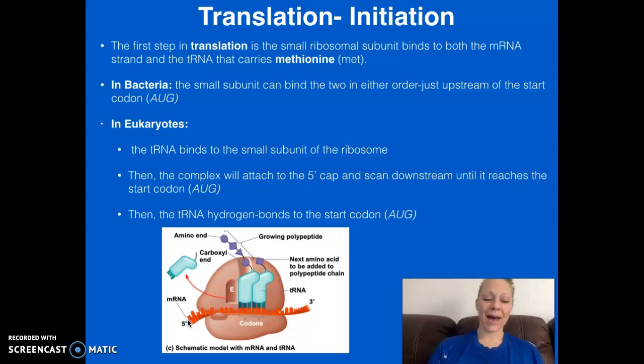So it's going to attach to that, and then it's going to move downstream until it reaches AUG, which corresponds to methionine, which is what we call the start codon. Then the tRNA is going to hydrogen bond to the start codon, to the AUG.